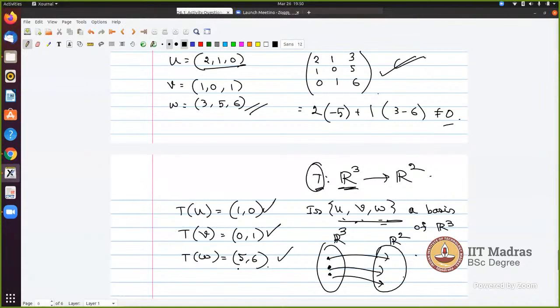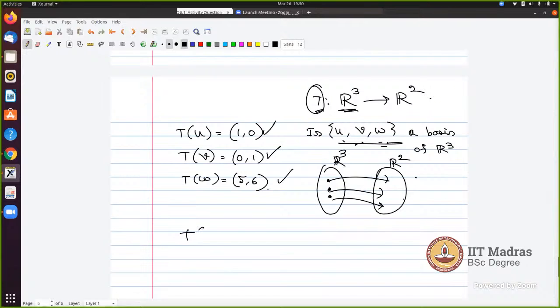But these need not be a basis. This is not a basis even, because there are 3 elements; this cannot be a basis of R2. So even I can take all of U, V, W and just assign everything to be 0. That is also a linear transformation.